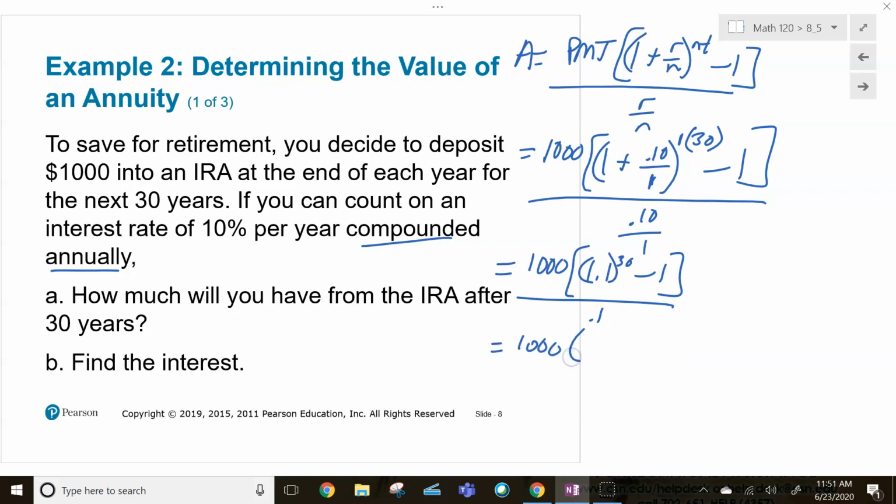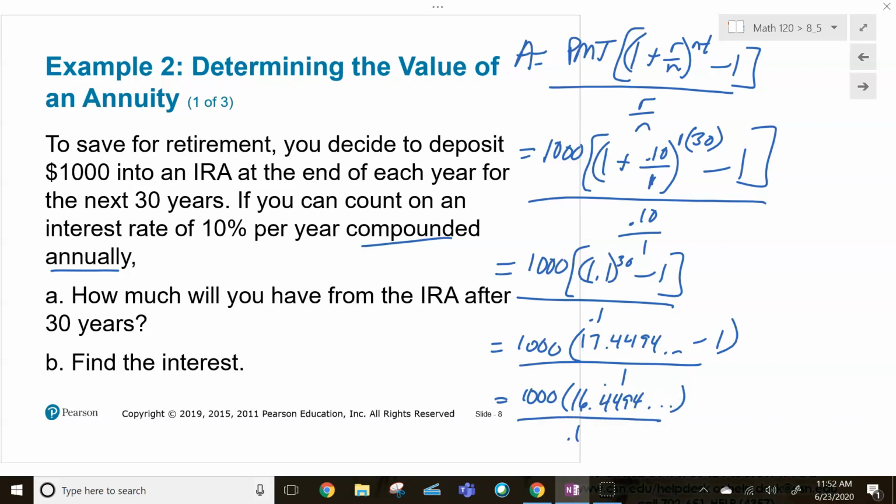So I take 1.1 to the 30th is 17.4494, anyway, minus 1. So I got 16.4494, times the 1,000.